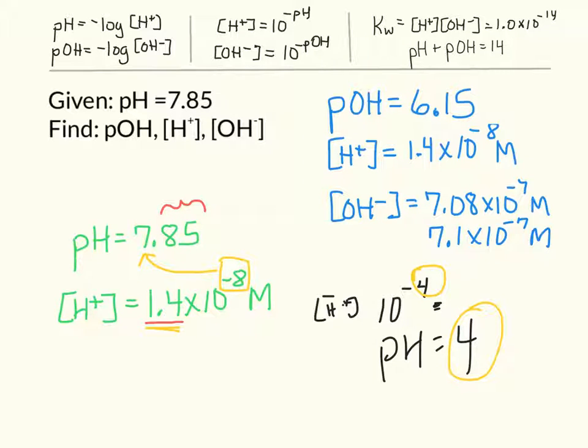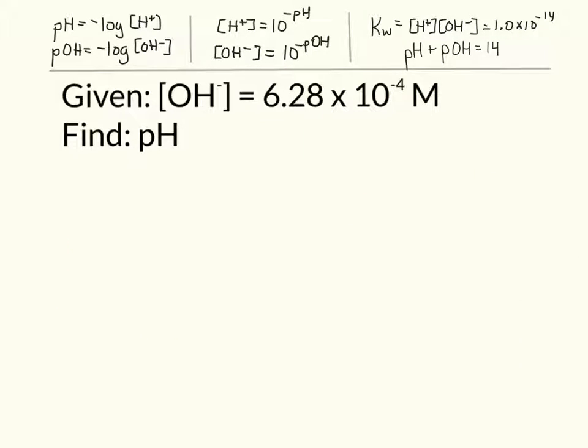So technically, if the hydrogen ion is expressed as 1.0 times 10 to the negative 4, then the pH should be 4.0, 2 sig figs, 2 sig figs. So the thing to remember is the number of sig figs in the hydrogen ion concentration is the number of decimal places in the pH.